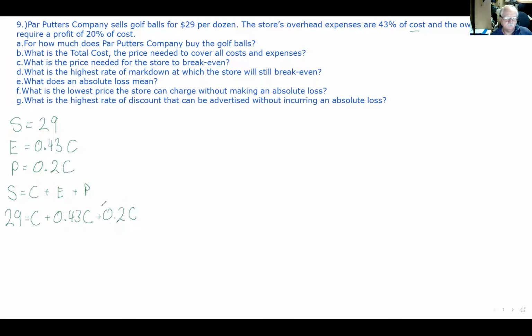And there's an invisible one here, so we can add these together: 1 plus 0.43 plus 0.2.